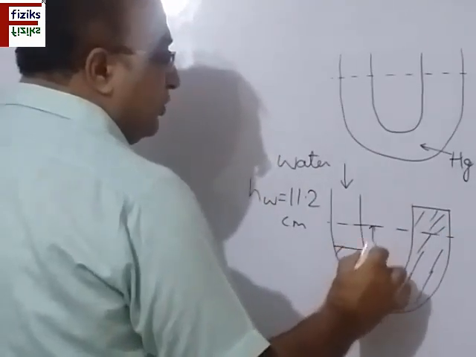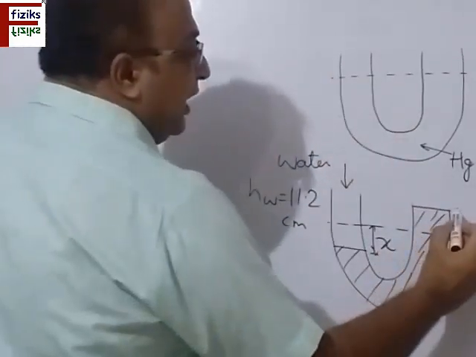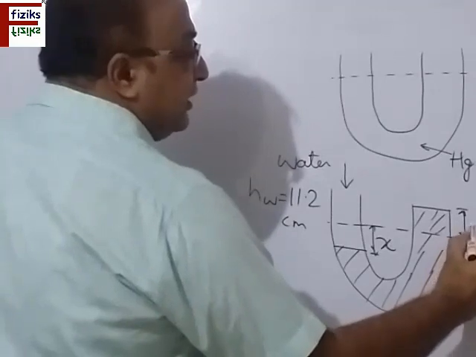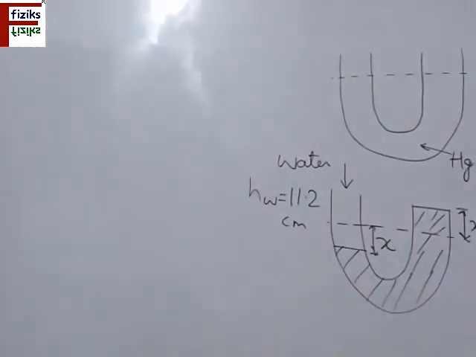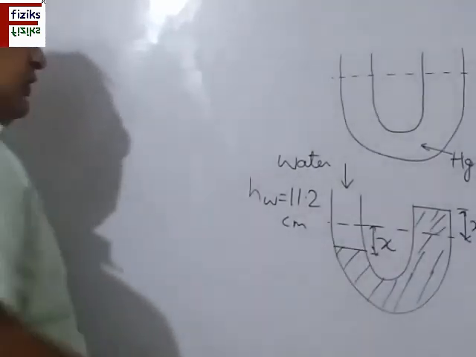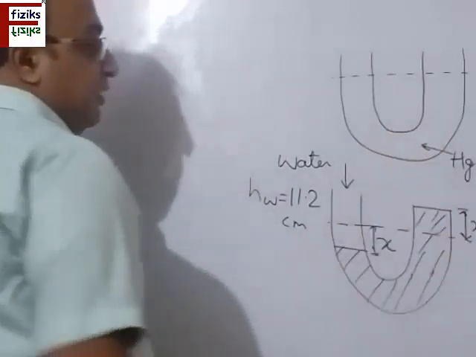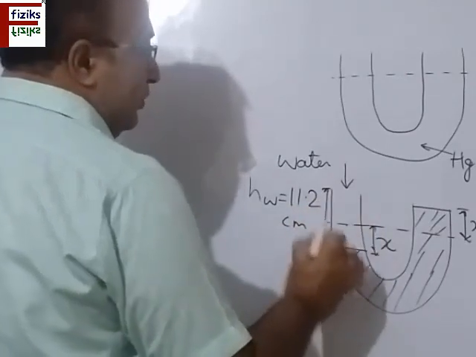So the mercury goes down through a distance x or depression x, and it will rise through same height x in the right limb, because the volume remains same, which goes down and which goes up. This is below the initial line or equilibrium position, and this is above the equilibrium position. This is the height of the water column.